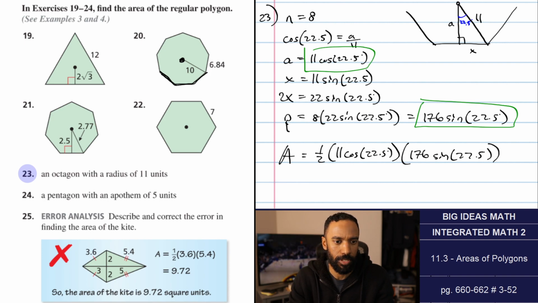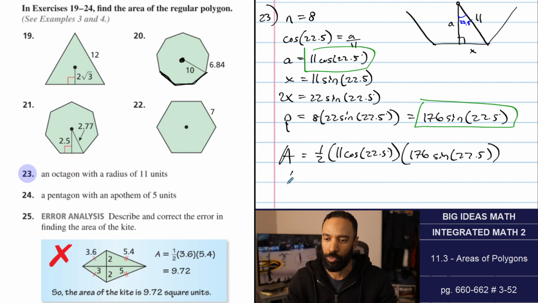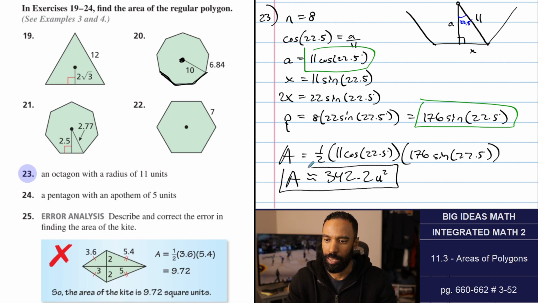So 88 times 11, I'm going to just find my own faster way to write everything, times cosine of 22.5 times sine of 22.5. Hope I didn't screw anything up along the way. I got 342.23, so around 342.2 square units on this guy.